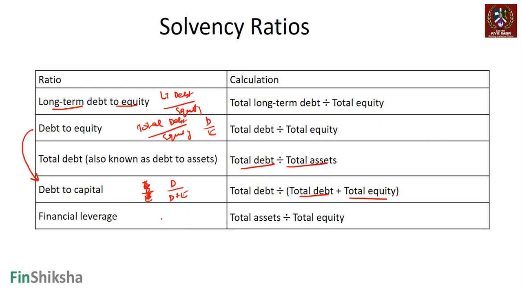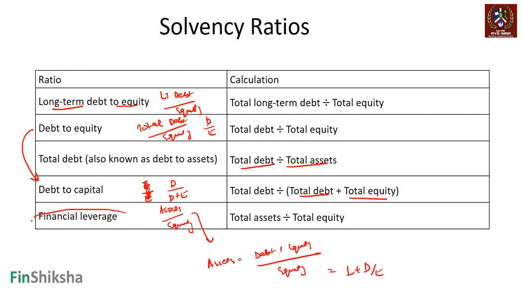Correct? Financial leverage is total assets by equity. In a way, if you look at it, assets equals total debt plus equity, then you're saying assets by equity is debt plus equity by equity, which is nothing but 1 plus debt by equity.